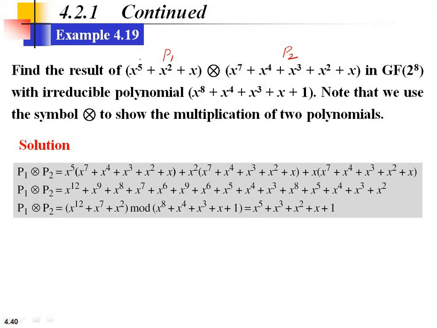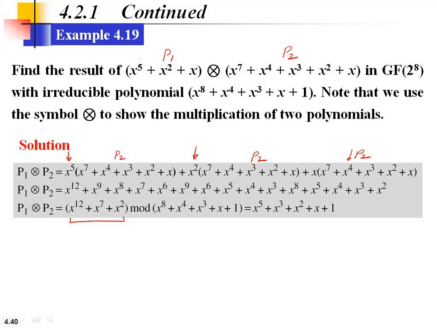First x to the power 5 is multiplied with p2, then x square will be multiplied by p2, and then finally x will be multiplied by p2. So one by one we'll multiply, and then we will perform the simplification, and finally we will get the result like this: x12 plus x7 plus x square.